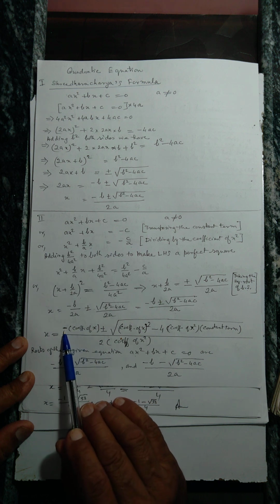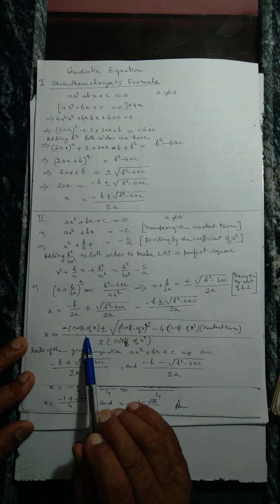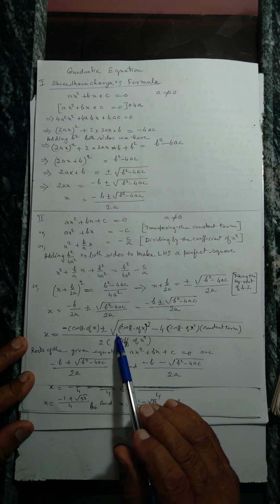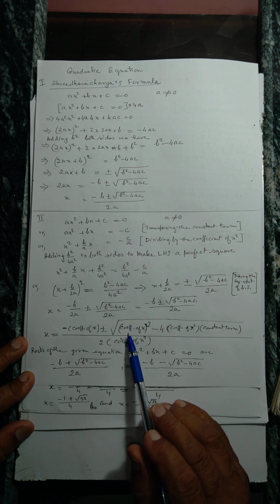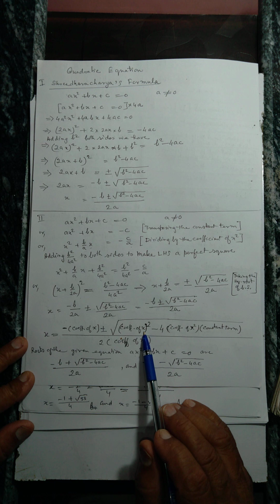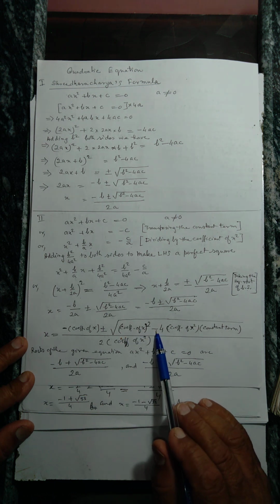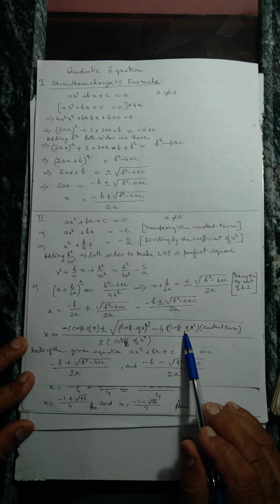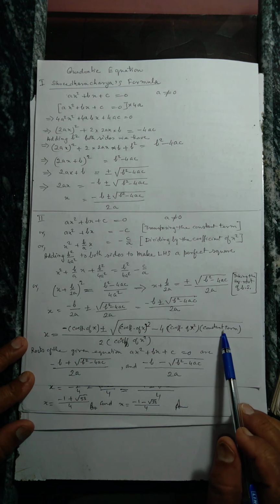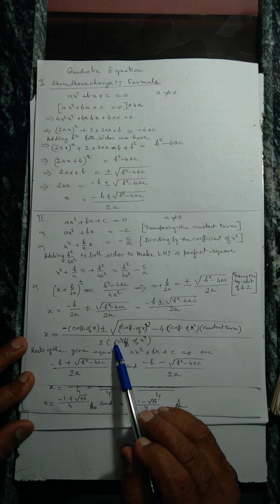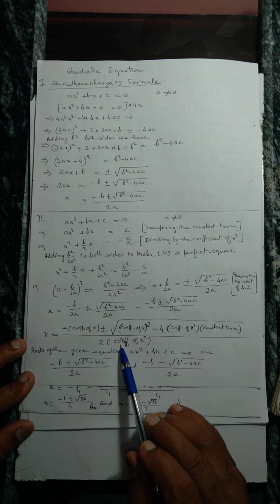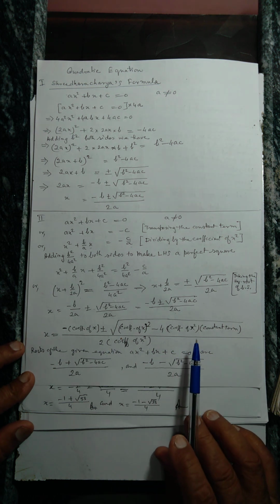Means you have to put minus inside the coefficient of x, plus minus root coefficient of x whole square minus 4 into coefficient of x square into constant term, whole divided by twice the coefficient of x square.